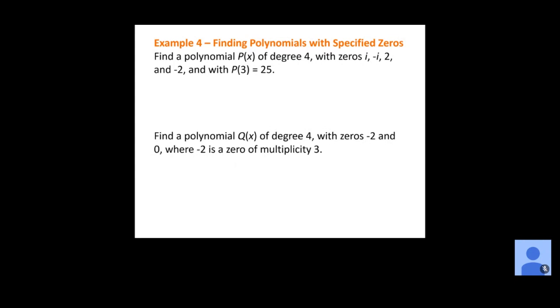But if we're trying to eventually find the polynomial itself, where might we want to start when we know the zeros of the polynomial? So think about where we ended up on the previous examples. That's where we're going to want to start, because then we can work backwards and actually find the polynomial. Yeah, we can write the factors. So if i is a zero, then what's one of the factors going to have to be?